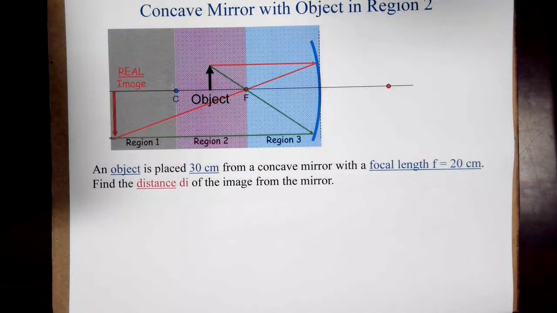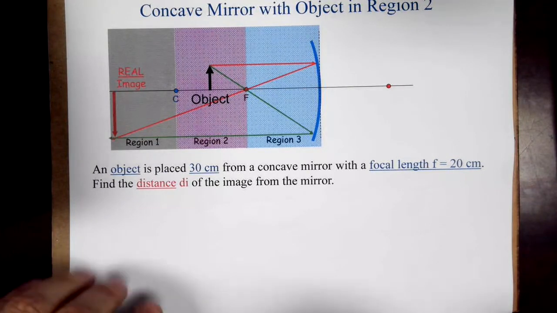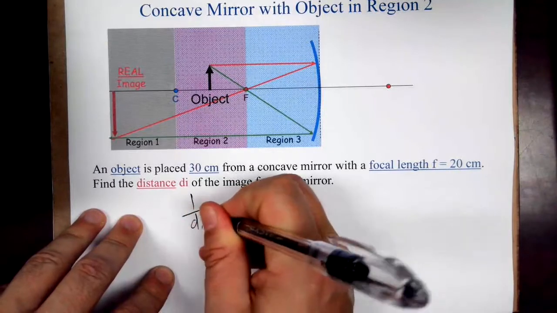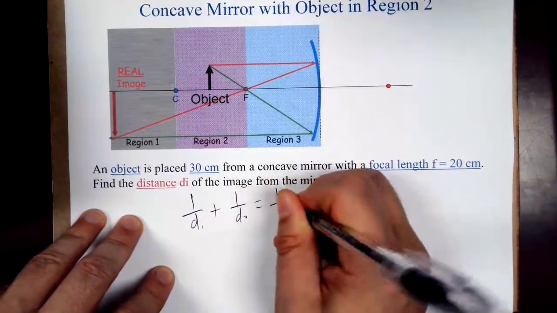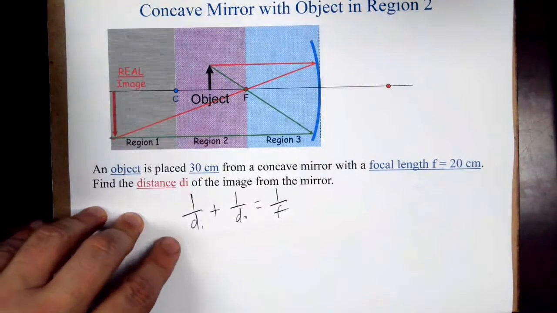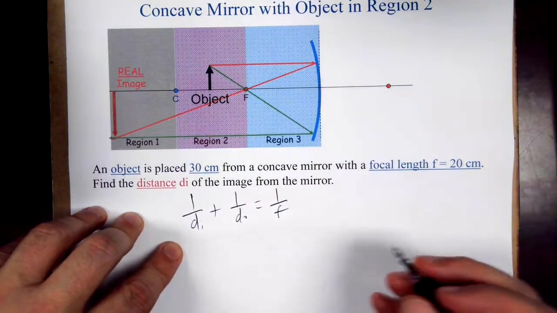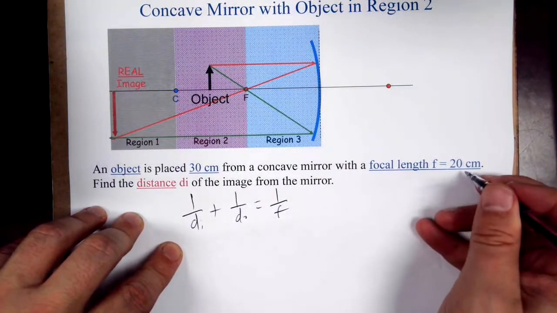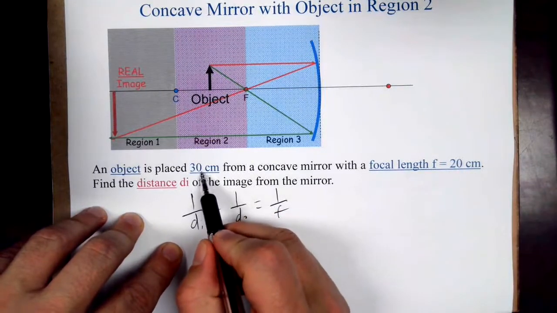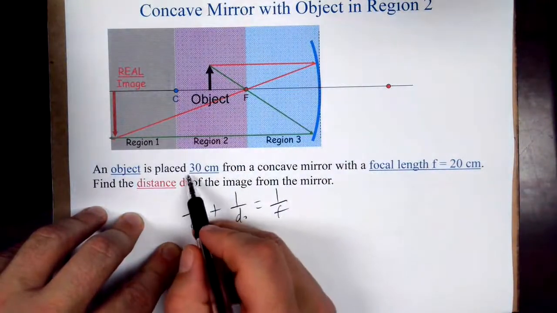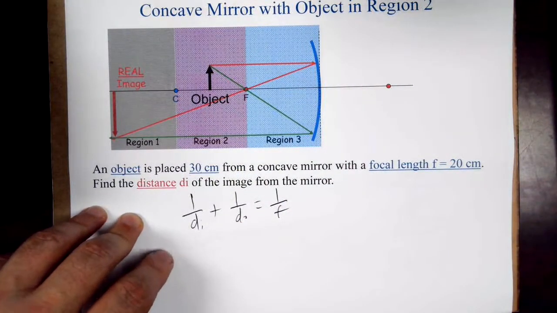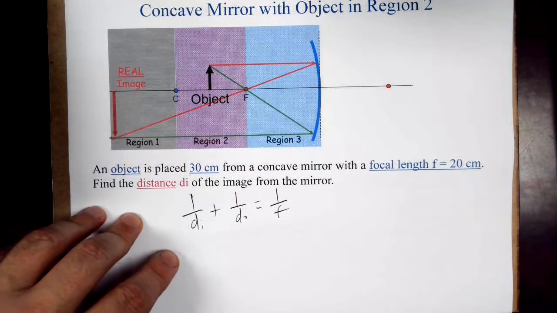So we keep moving our object in here. Now we've moved our object in between the focal point and the center point. So 1 over di plus 1 over do is equal to 1 over f. In this case our focal length is 20 and our object is 30, so the center point is going to be twice the focal length, which is 40. This confirms that we really are in region 2, in between the center point and the focal point.